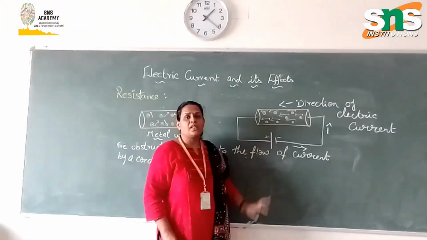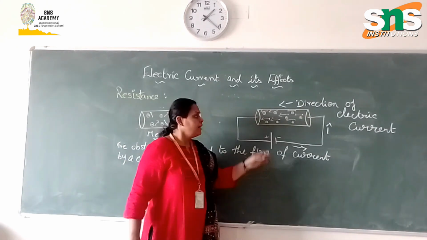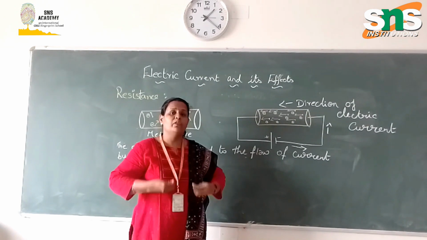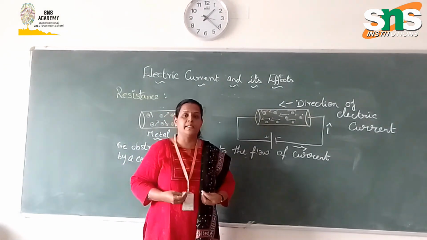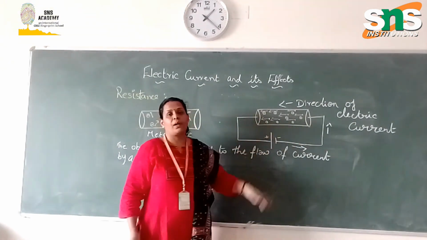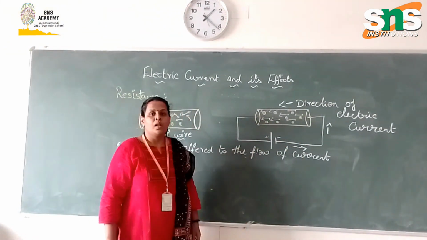Since it's connected to the source, it's again getting accelerated and moving from the negative terminal to the positive terminal. Again and again, even though it's colliding and losing its energy, it is getting energy from the source and starting to move from the negative end to the positive end.